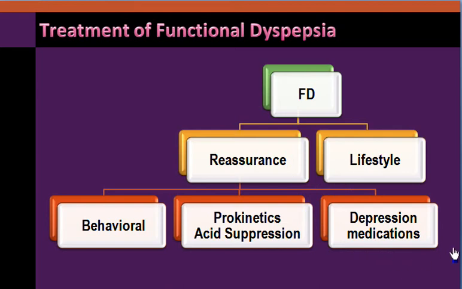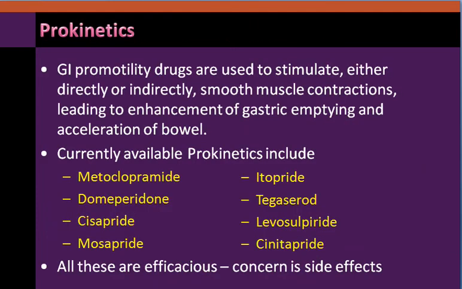Antidepressants of the tricyclic group, of the selective serotonin reuptake inhibitors. These can be tried in patients who are not responding to the other therapies. So, in a nutshell, the treatment of functional dyspepsia is mainly reassurance, lifestyle modification, behavioral changes, prokinetics, PPIs and antidepressant medications.